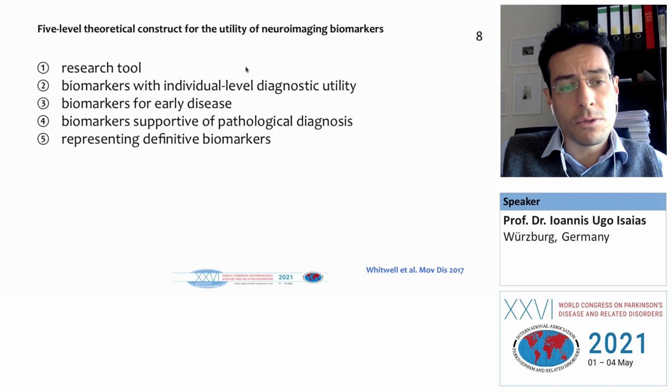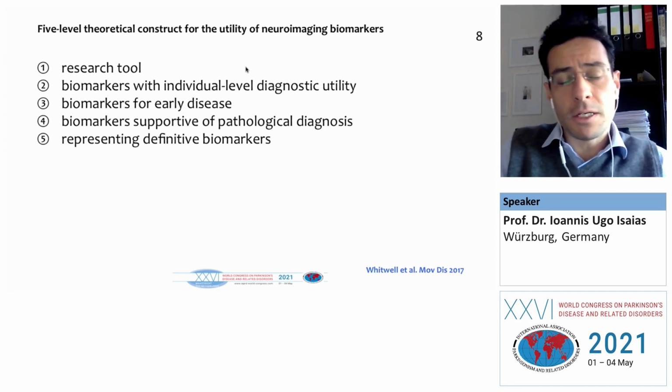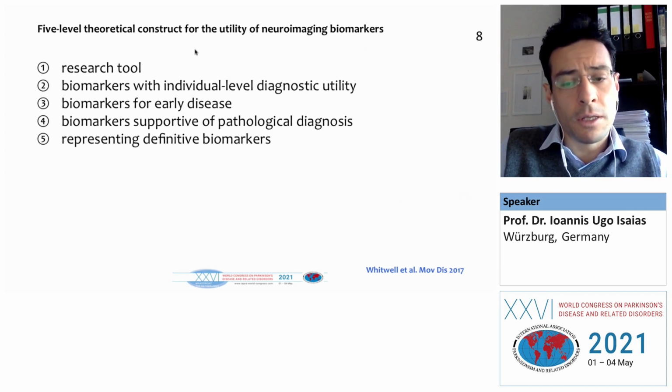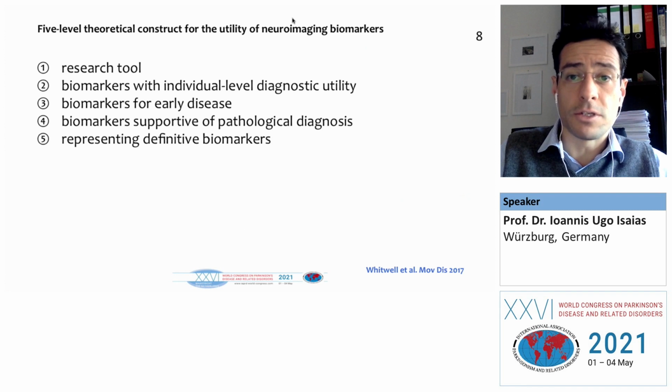It's also important to address the utility of such neuroimaging biomarkers. In a recent study, Whitwell and colleagues, published in 2017, proposed this 5-level theoretical construct to classify the different neuroimaging biomarkers, either MRI, PET or SPECT biomarkers.